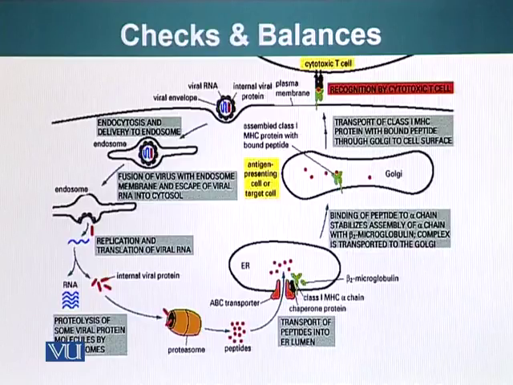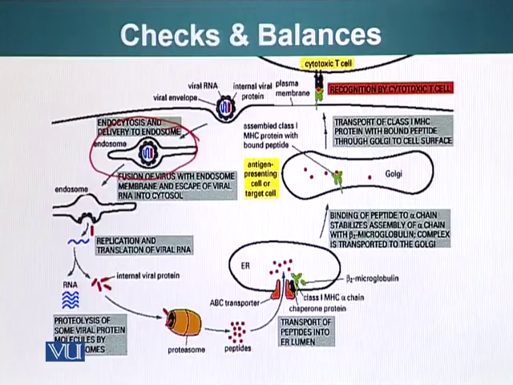So a normal body cell gets infected by a particular virus. When the virus enters the cell, its components will be released in the cytoplasm, because this virus needs cellular machinery to replicate itself.